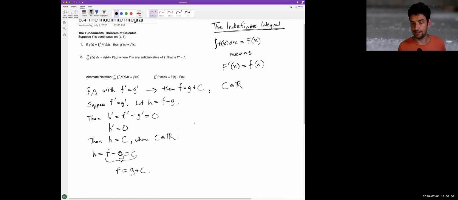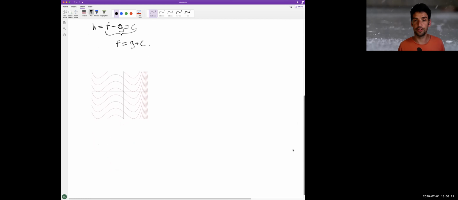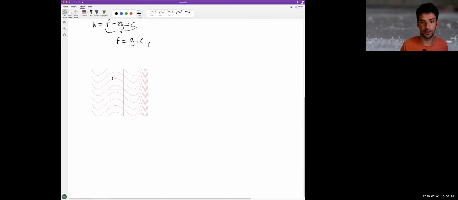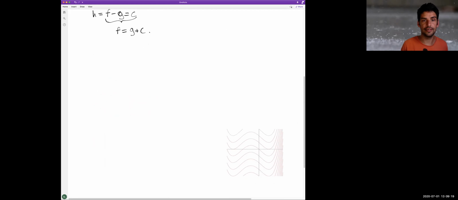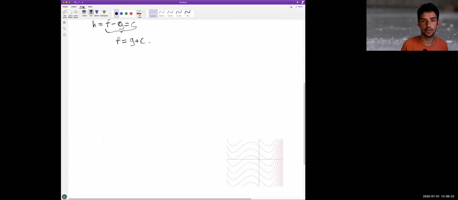So let's do this. There's a picture down here that we're going to look at in a moment. We'll see what this thing does for us shortly. Let's just move it out of the way for now. Let's look at the following functions. Let f of x be equal to 4x cubed plus 6x squared minus 2x minus 2.